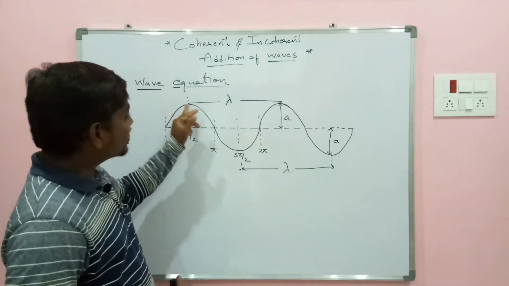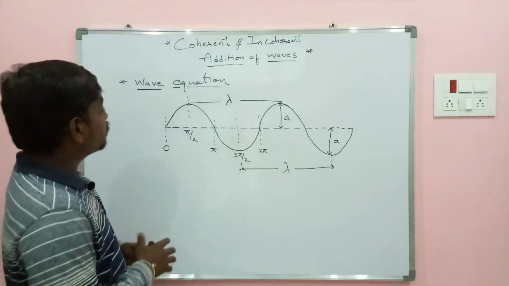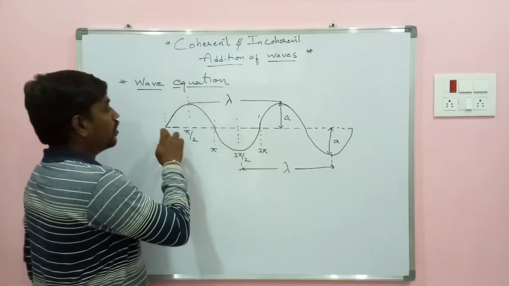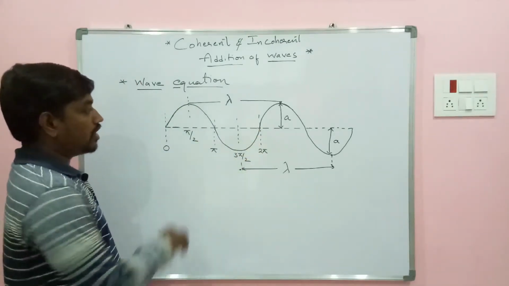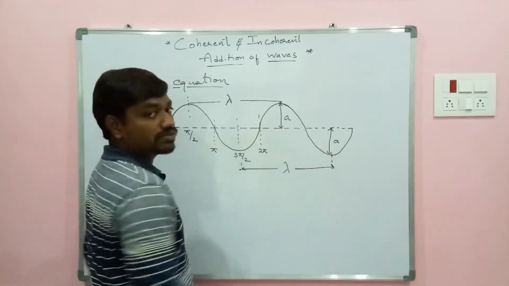So this is considered to be a transverse wave. A transverse wave contains a crest and a trough. One complete crest and trough is called one wave. Like this I have drawn here two waves, two crests and two troughs.